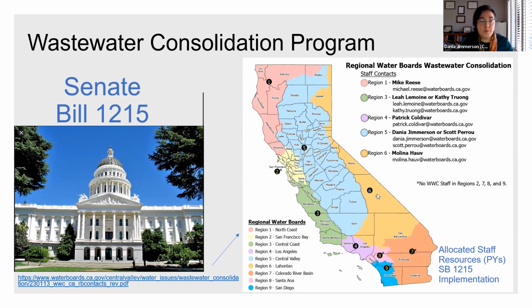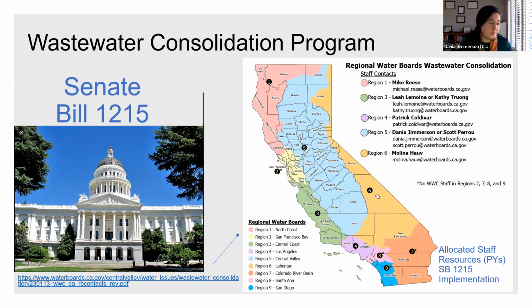It could also mean the project will move more efficiently, with better use of resources, and ultimately that translates into a faster transition towards the construction application phase. Unfortunately, not all the regions were given resources, but here are the ones that were, which are regions 1, 3, 4, 5, and 6.